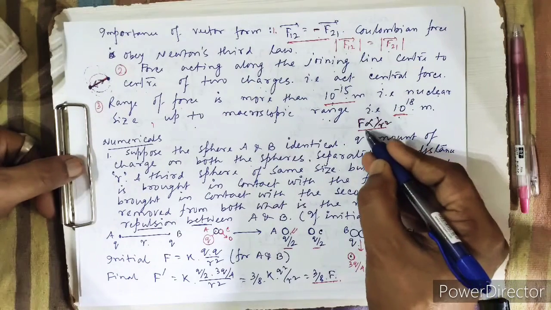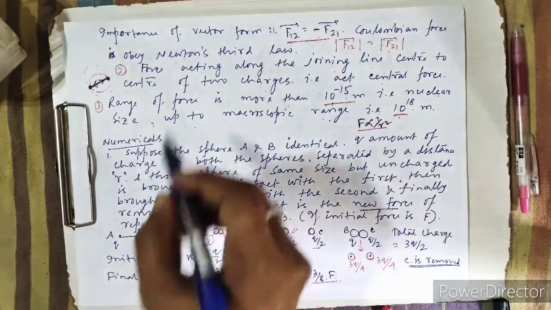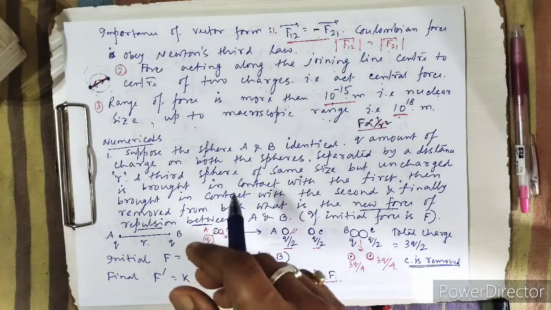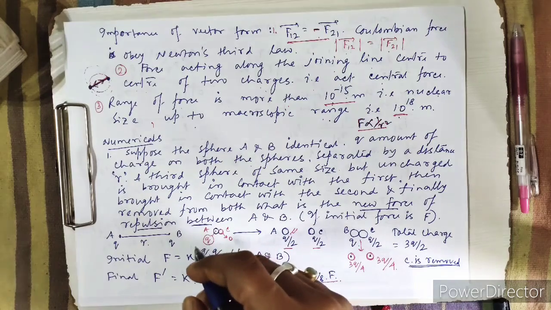If R is more, F is less. Clear? This is the range, and these two are the importance of the vector form of Coulomb's law.